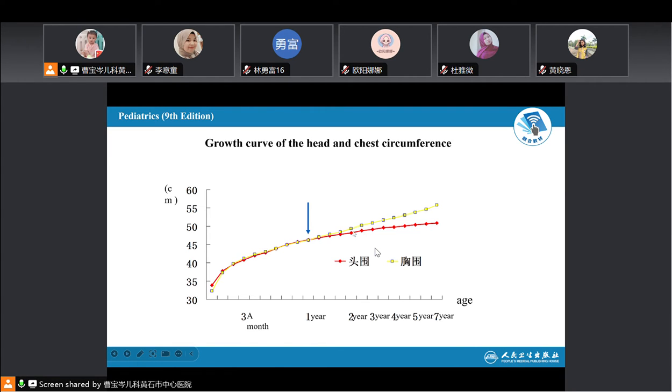We can see that at 1 year old the head and chest circumference are almost equal, and then the chest circumference is more than the head circumference.